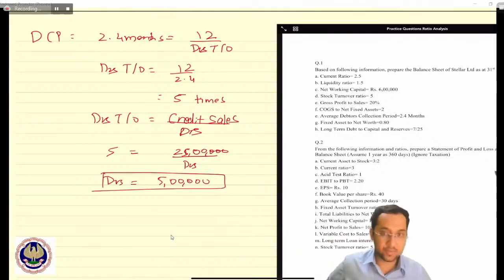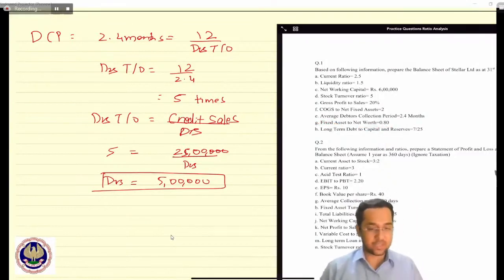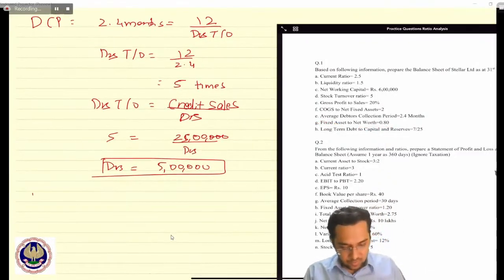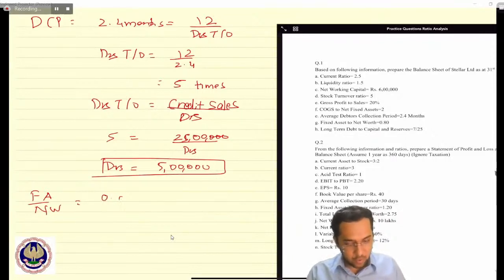Then next is fixed assets to net worth ratio is 0.8. Fixed assets upon net worth is 0.8.